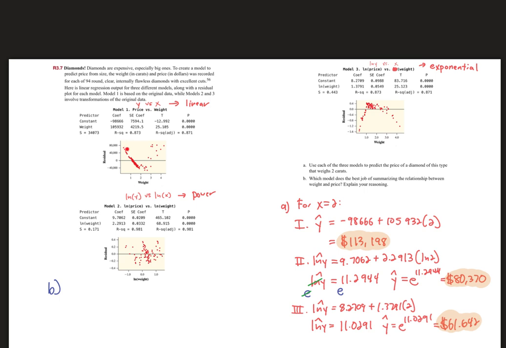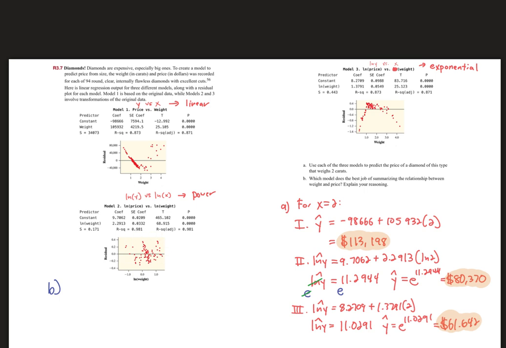Definitely, easily, model 2 has the most random residual plot. You can see model 1 has a definite curved pattern, like a parabola facing up. Model 3 has a curved pattern like a parabola facing down.